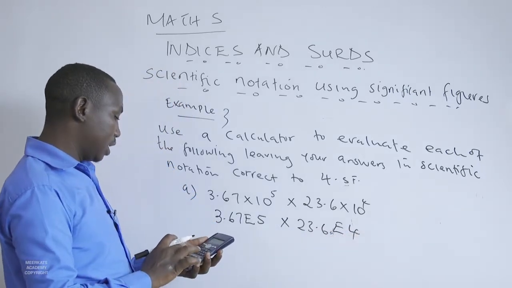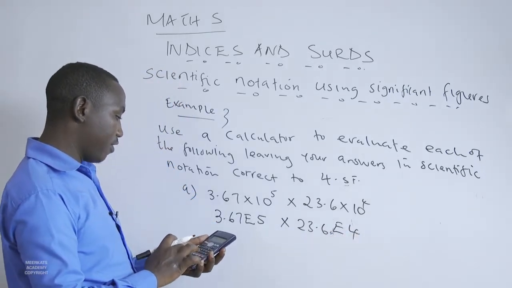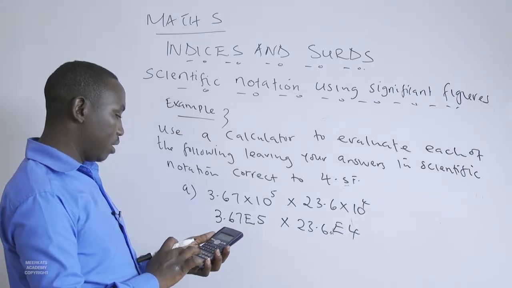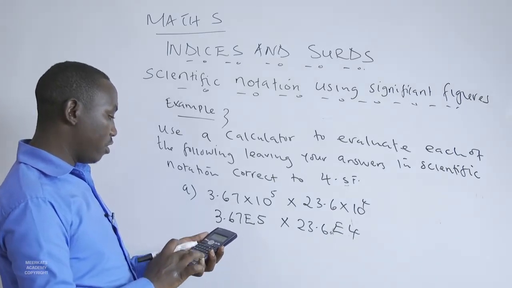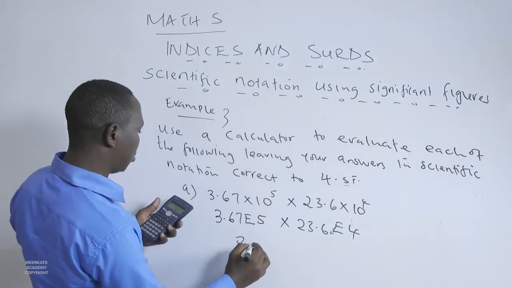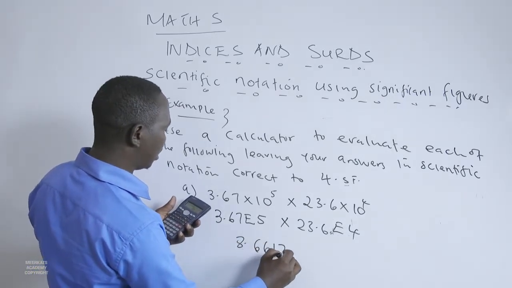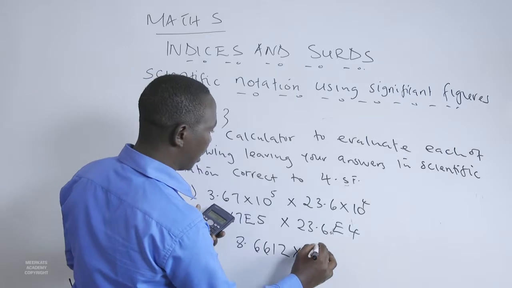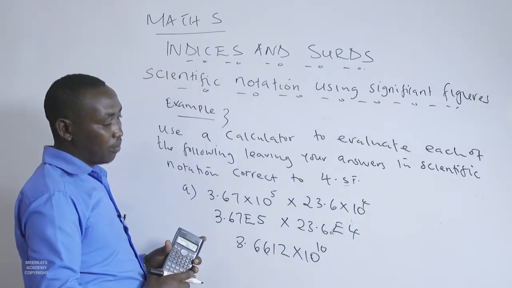So 3.67 exponential 5 multiplied by 23.6 exponential 4 will give you 8.6612 times 10 raised to positive 10.